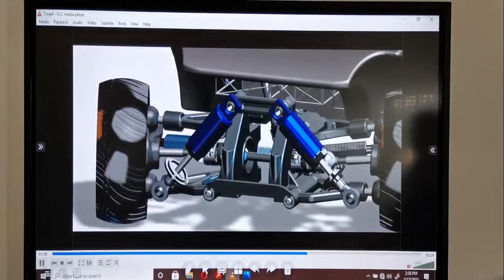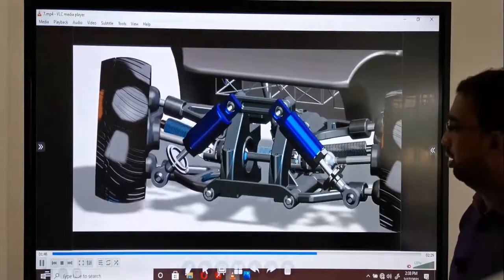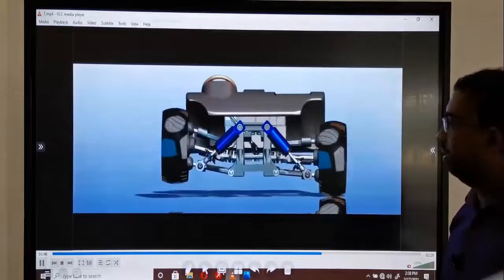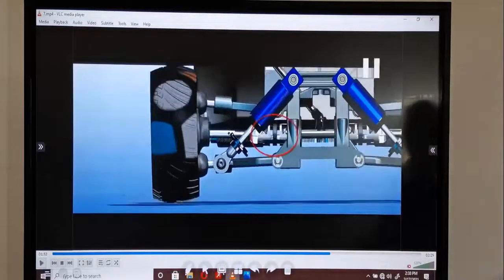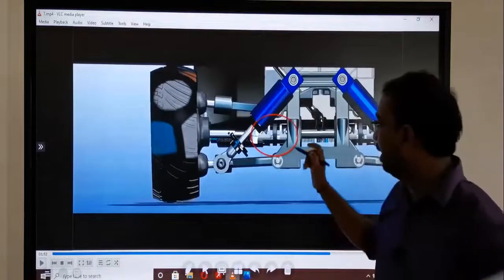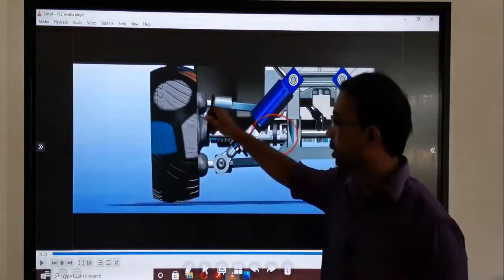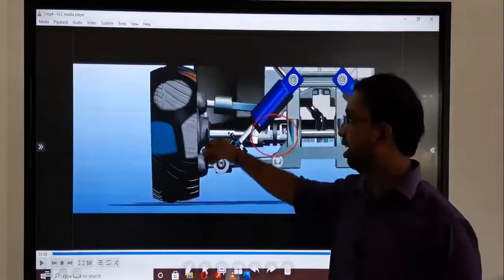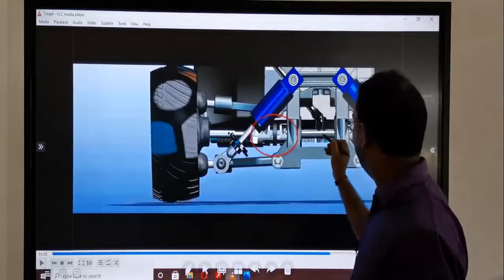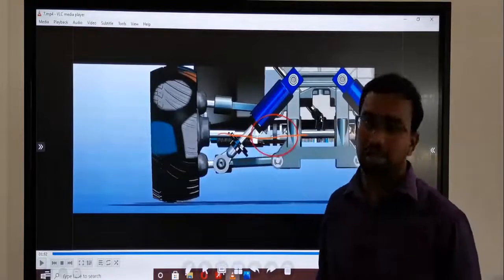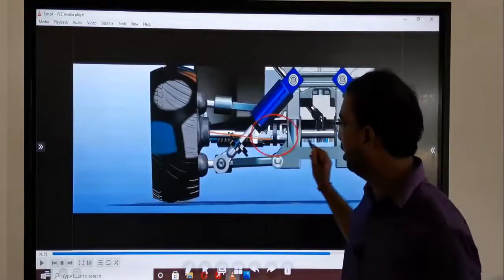Here you can see the wishbone type, how it works. It is a more popular independent suspension. Here you can see this is the front drive vehicle. Because of the wishbone suspension, the wheels move up and down in a vertical posture. This is the front drive vehicle, so this drive axle is connected with the wheel hub.